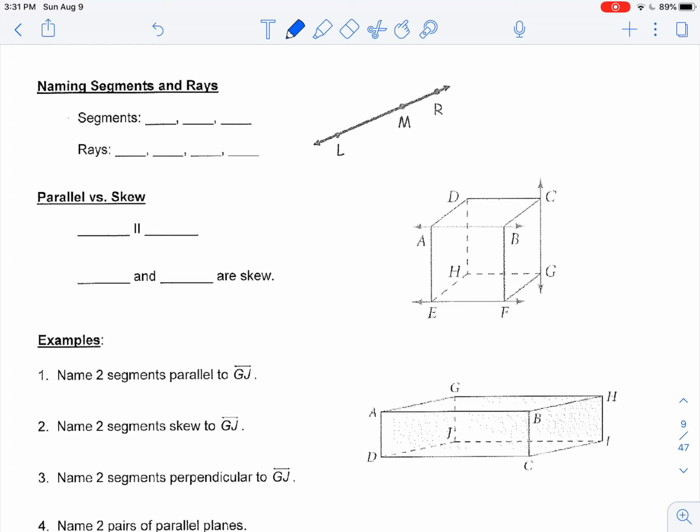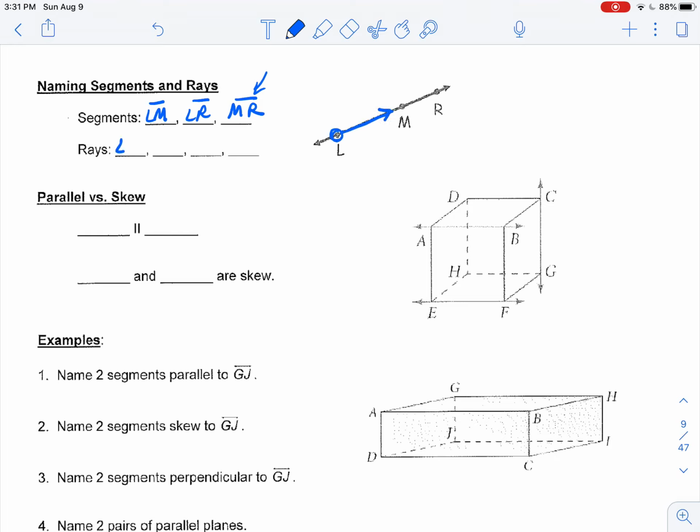All right, we've got some practice naming segments. In this diagram, we've got segments LM, LR, and MR. You have a little segment at the top of each of those. Let's name some rays. A ray needs an endpoint and a direction.